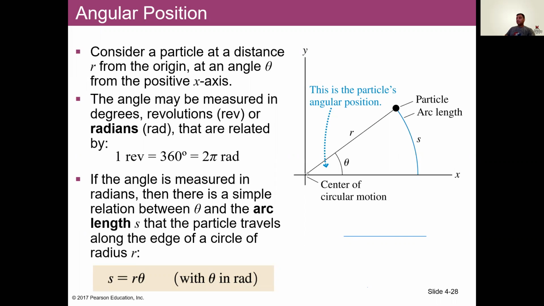R is, of course, the radius of the path. Because this is a circle, there will always be a radius. Whatever the radius is, you are expressing it right here, and it has the same unit as S, okay? So they will both have meters or centimeters or millimeters. And that's why theta is in radian.